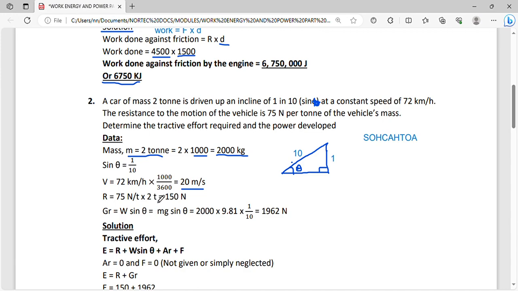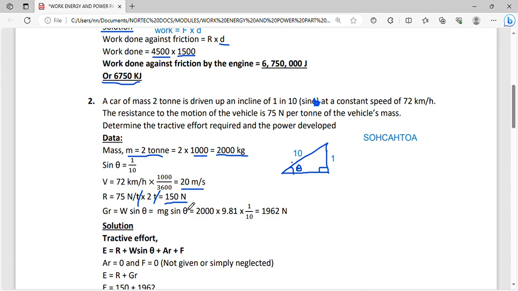The ton cancels, then you remain with the newtons. So 75 multiplied by 2 gives us 150 newtons. This is the friction resistance, the friction between the tires and the road surface, so we have the rolling resistance.